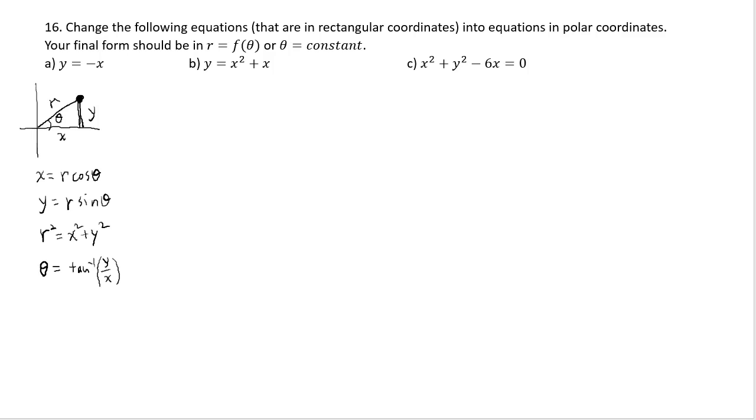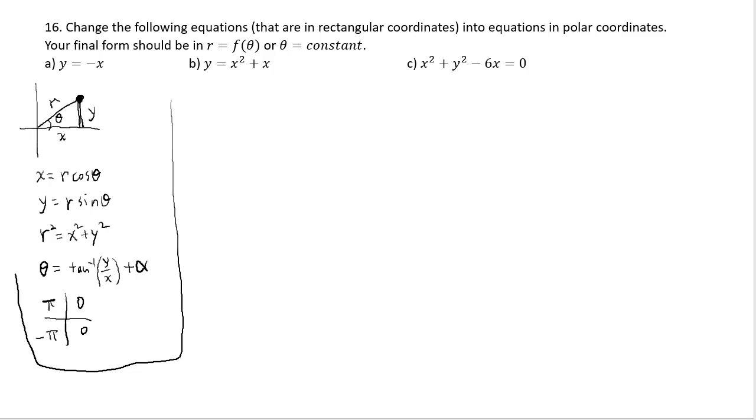Tangent is opposite over adjacent, so opposite over adjacent is y over x. And then you have this annoying plus alpha, where depending on your quadrants, it's 0 on the right side, but it's pi. You have to add 180 degrees on the second quadrant, and in third quadrant you have to subtract 180 degrees. So those are the basic formulas that you have to know.